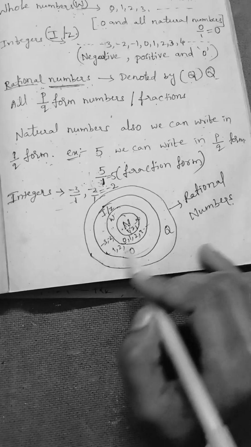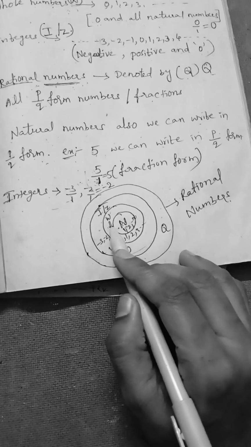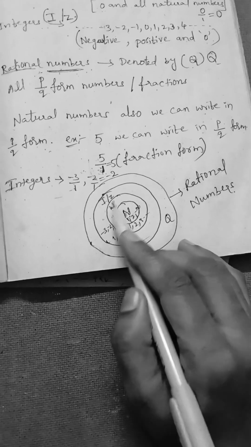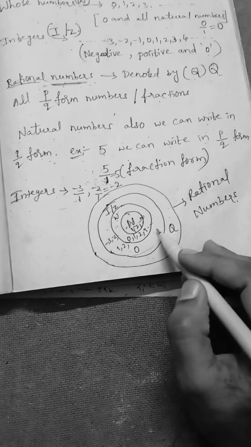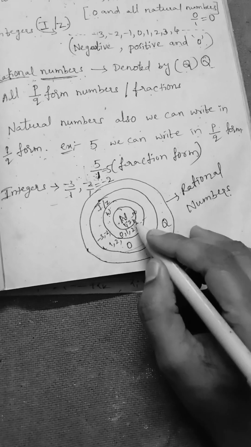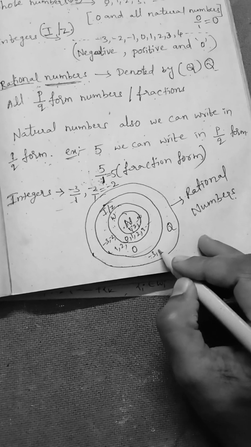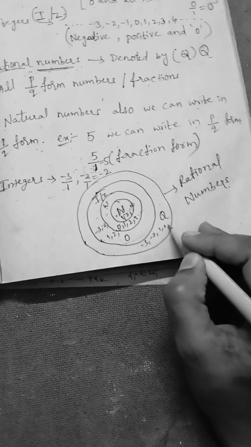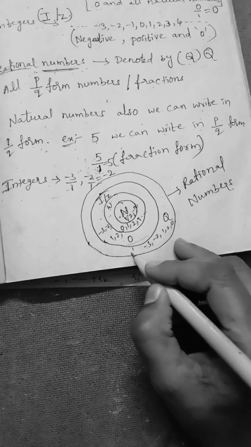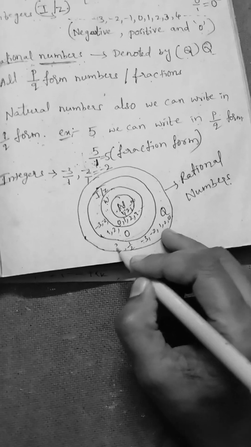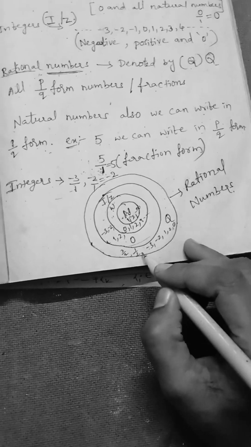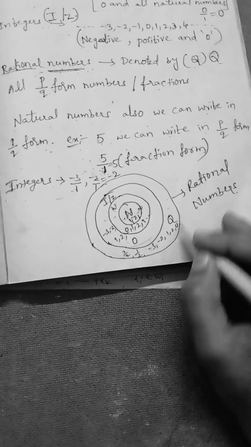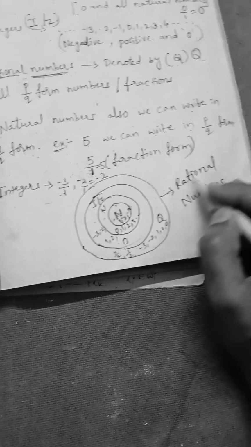These are all called integers, meaning whole numbers, natural numbers and also negative values. Now in rational numbers: all negative values, positive values, 0, and p by q form numbers, for example 1 by 2, 3 by 2. These numbers are also p by q form, no? So these all are called rational numbers.